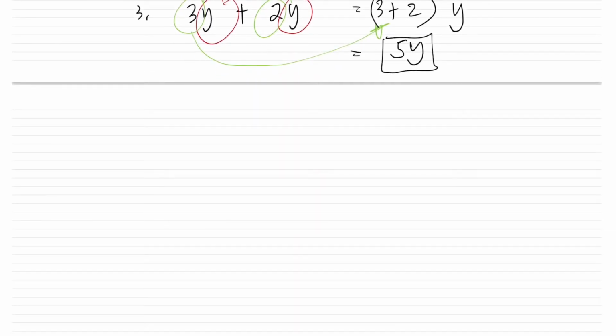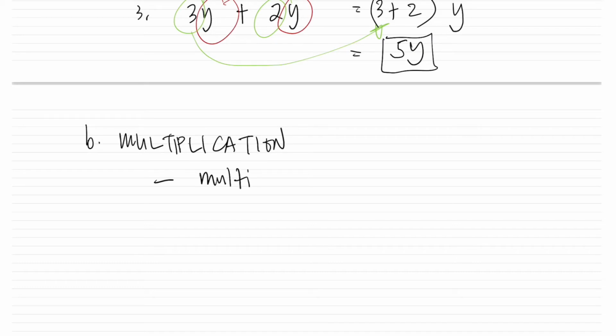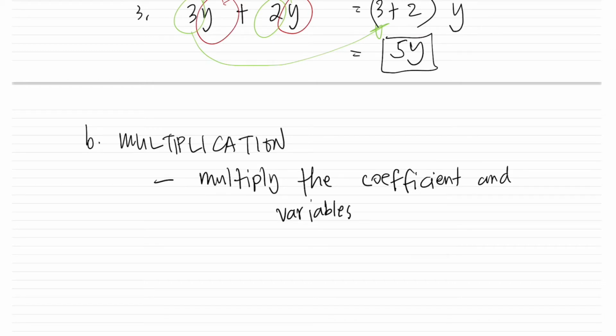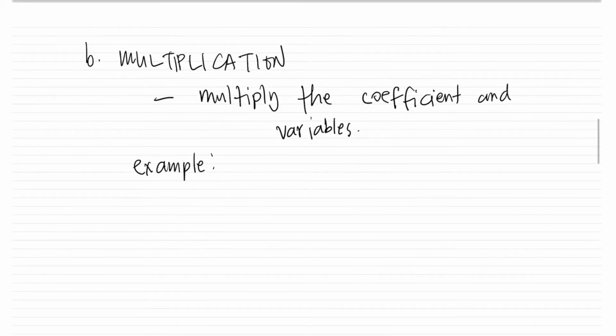Now we proceed to the next operation, which is multiplication. Multiplication is to multiply the coefficients and variables. Example, you have 6x times y.